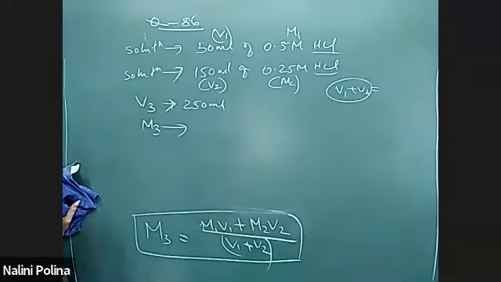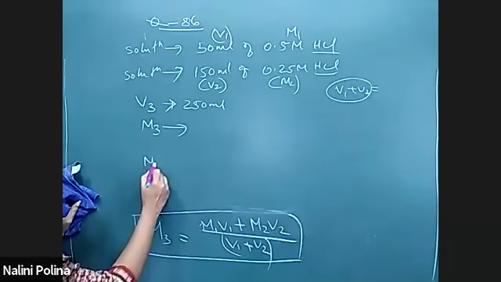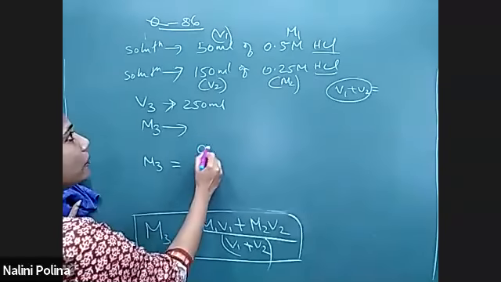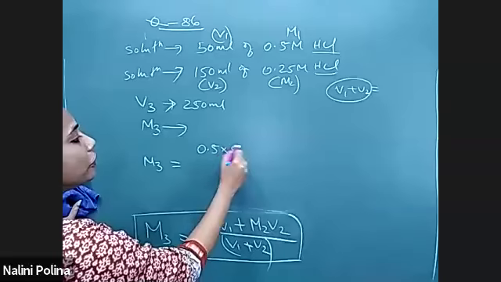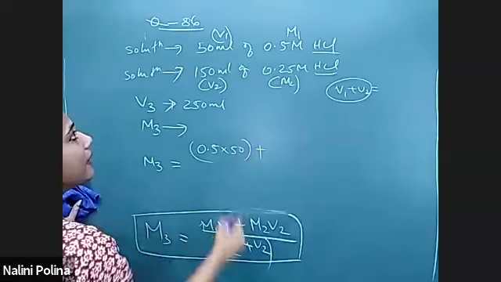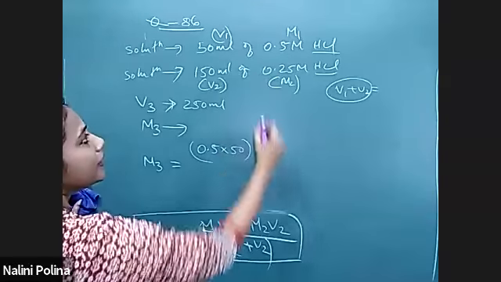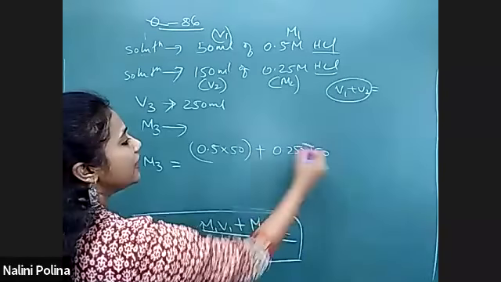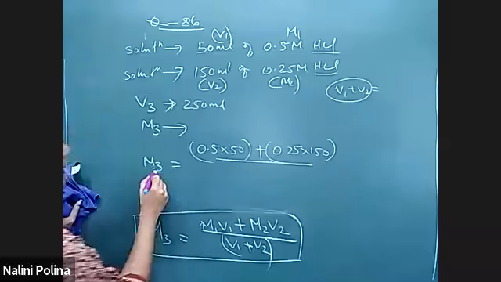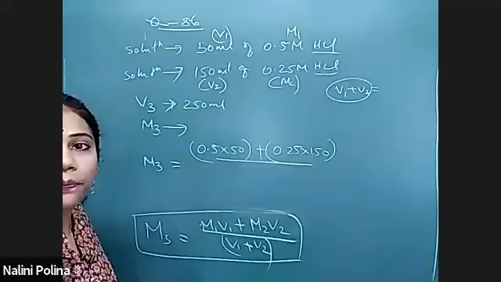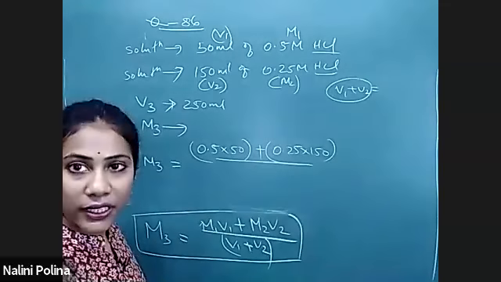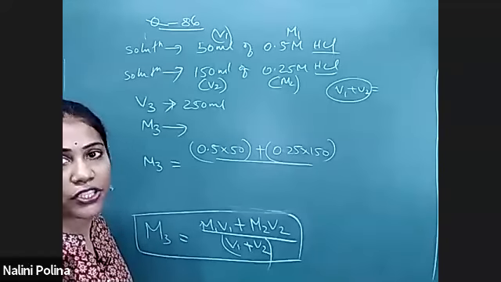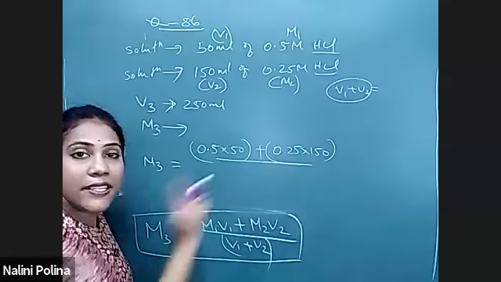So this is the formula you will use. So substitute everything. M3 is equal to M1 is what? 0.5 into 50, right? Plus M2 and V2, that is 0.25 into 150, divided by V3. Don't do V1 plus V2. If they have not given any volume in a question, then you can do V1 plus V2.